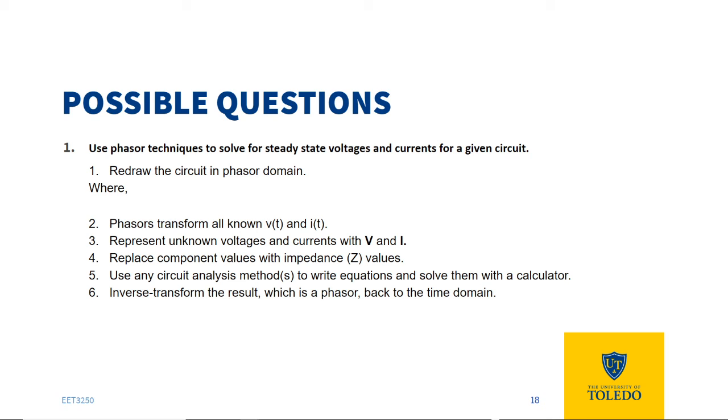Represent unknown voltages and currents with V and I. 4. Replace component values with impedance, or Z, values, as we learned earlier. 5. Use any circuit analysis method or methods to write equations and solve them with a calculator. 6. Inverse transform the result, which is a phasor, all the way back to the time domain.